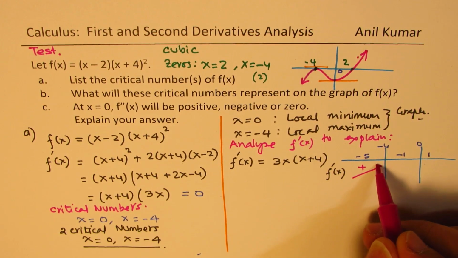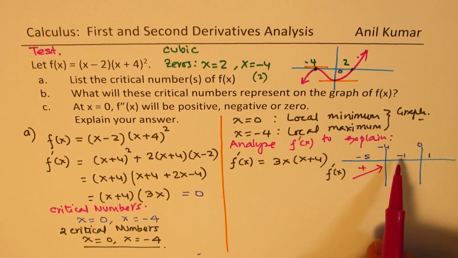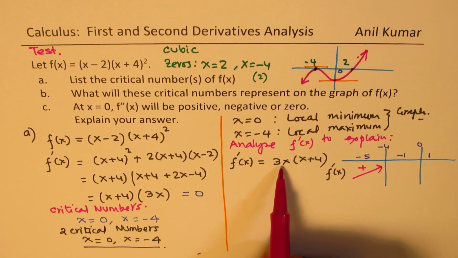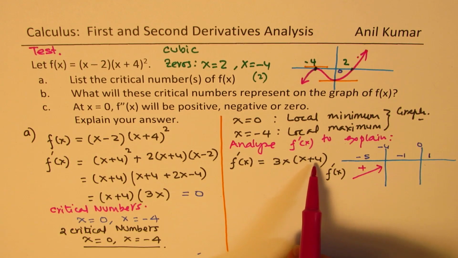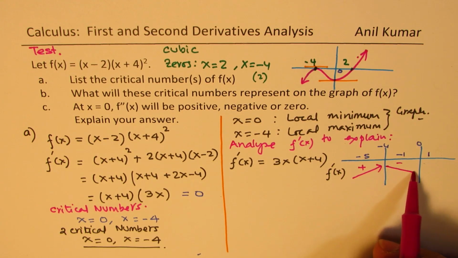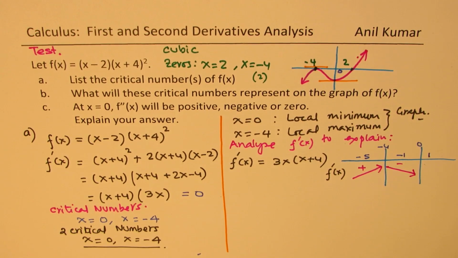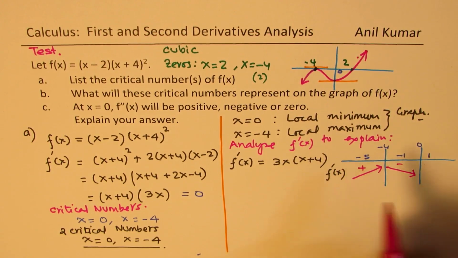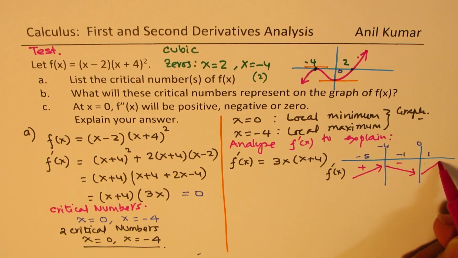So it is increasing in this interval. At minus 1, 3x is negative, however, x plus 4 is positive, so we get a negative here. So here the graph is decreasing, correct? Now, at 1, both are positive, so the graph will be increasing.